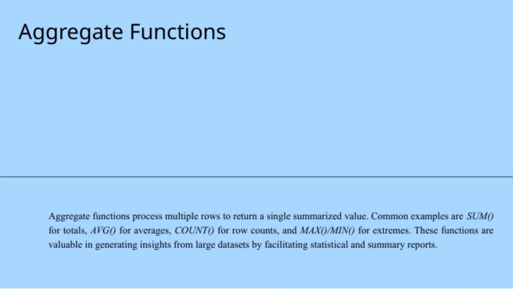They enable us to generate statistical insights and create summary reports that support decision-making. So, in the context of our overall goal, making data-driven decisions, these functions are essential tools. They turn raw data into actionable insights, helping us see the bigger picture quickly and clearly.